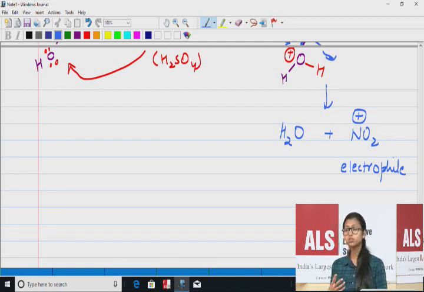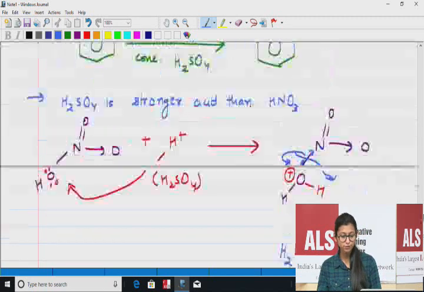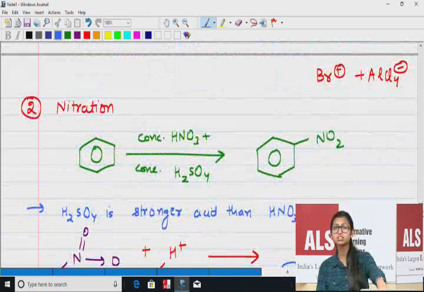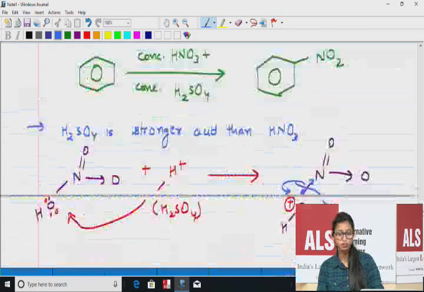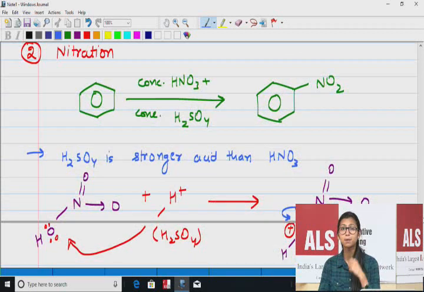See, what is the good thing of this reaction, or from where they will ask you the question? I'm talking about the conceptual question. If I have written this reaction, concentrated HNO3 and concentrated H2SO4, now they will say that which acid is behaving as a base here.